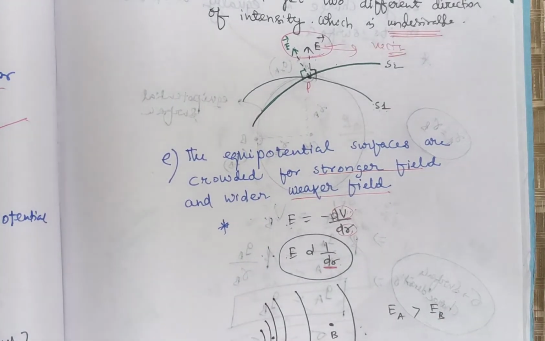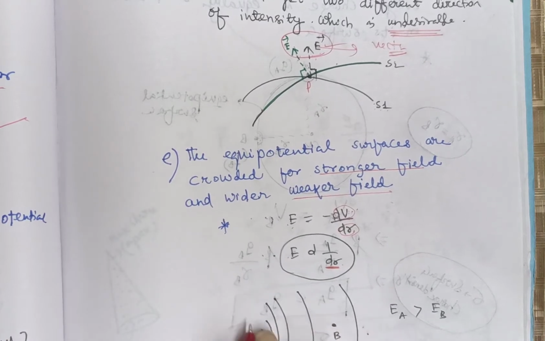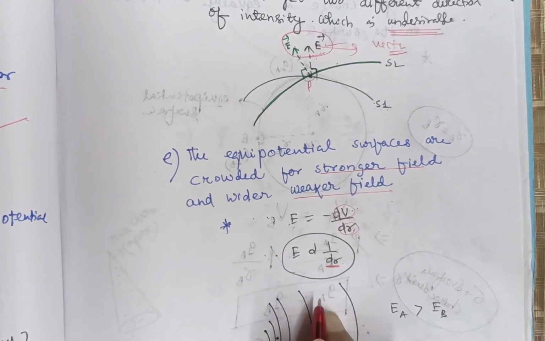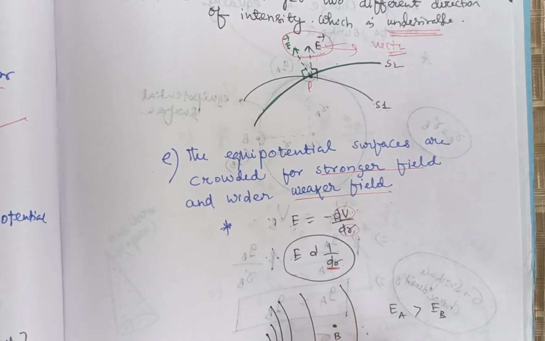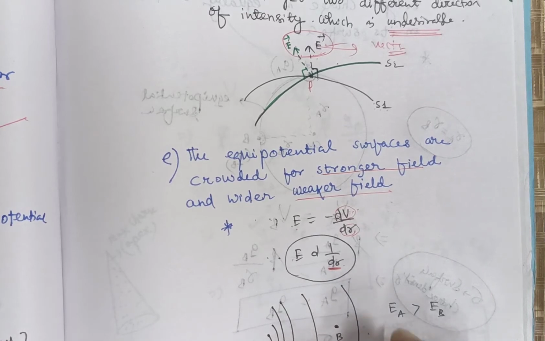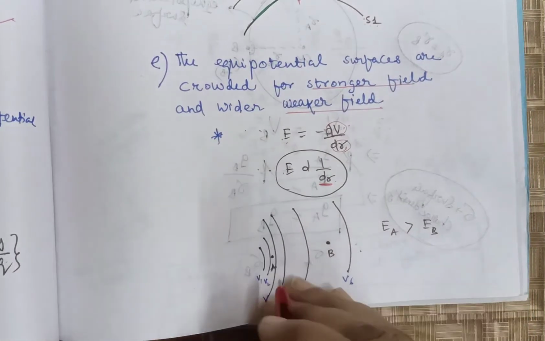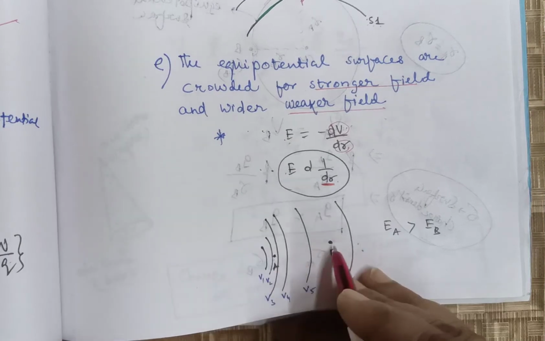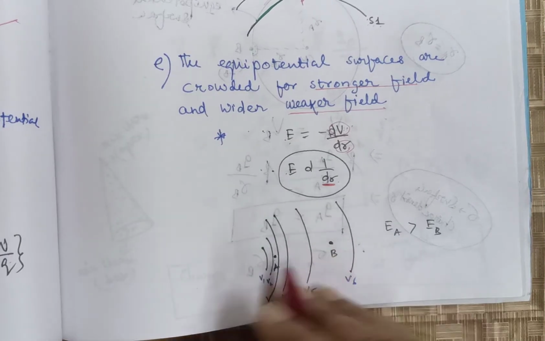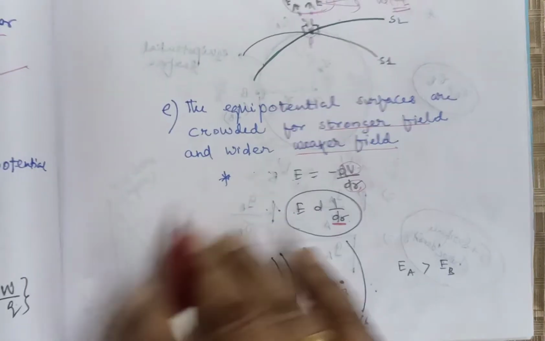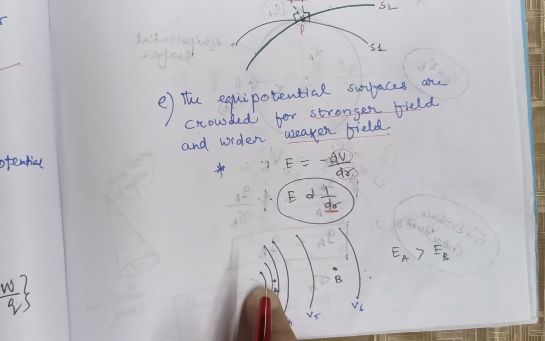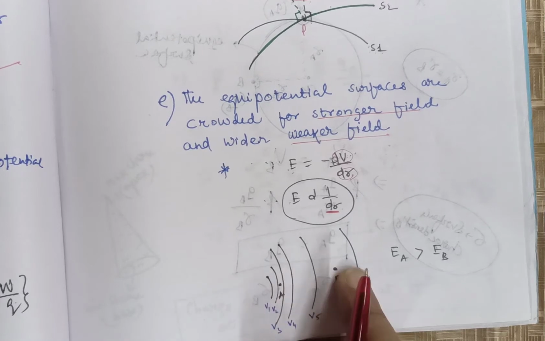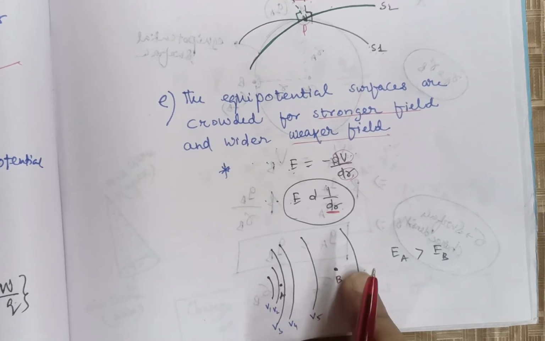So you see the diagram. These are the equipotential surfaces of different values, and here the equipotential surfaces are crowded. The same equipotential surfaces are crowded here, but here they are wider apart. So from the figure we can say that here the electric field is more, here the electric field is less. So our discussion point is that the equipotential surfaces are crowded, crowded means very close, in case of a stronger field, and wider apart for a weaker electric field.